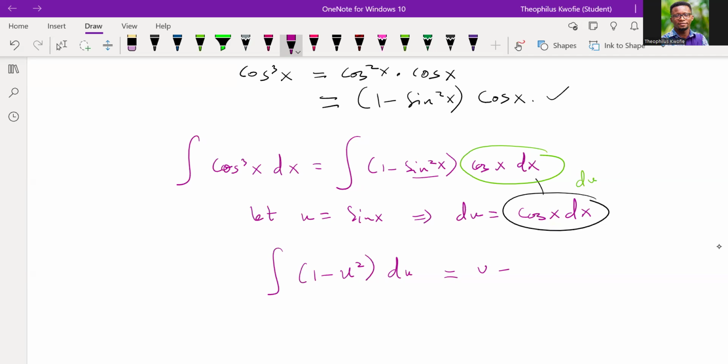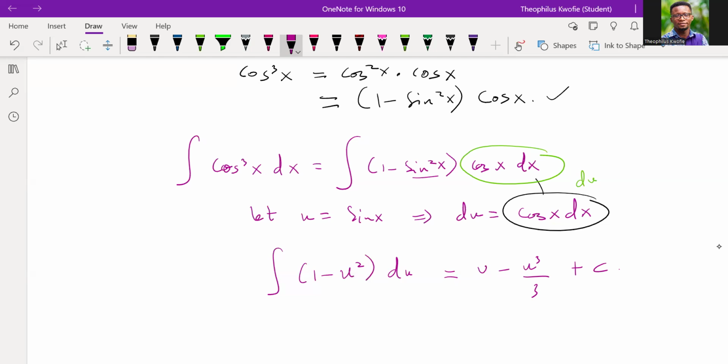Because we said to increase the power by 1 and divide by the increased power. Then we add a constant c, the constant of integration. Literally, it's just an arbitrary number, which means that this particular solution is not unique. It's just a family of solutions.